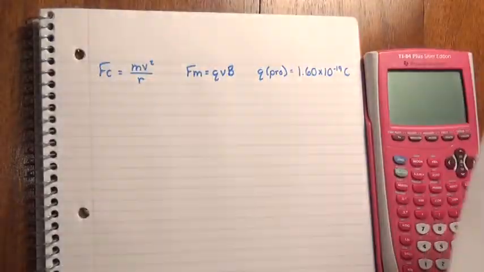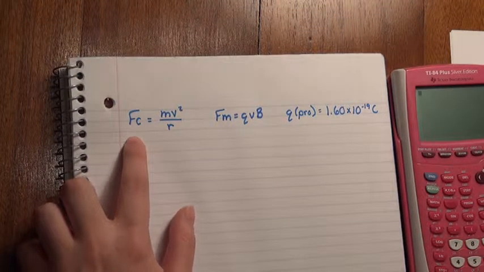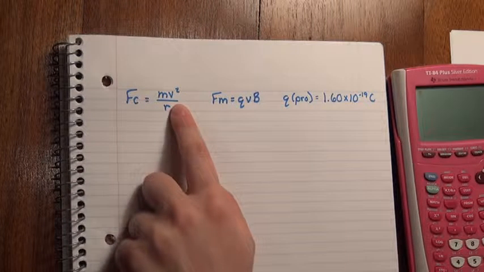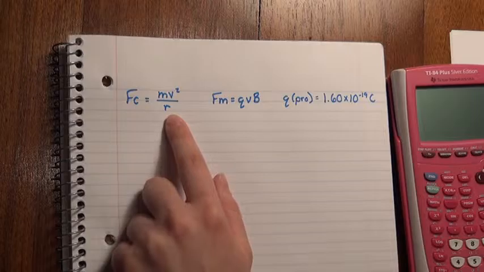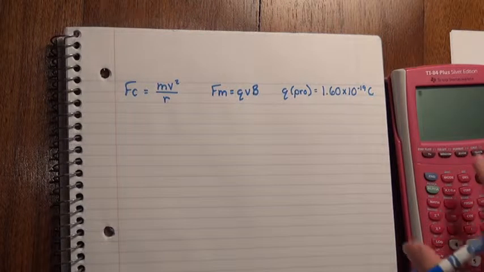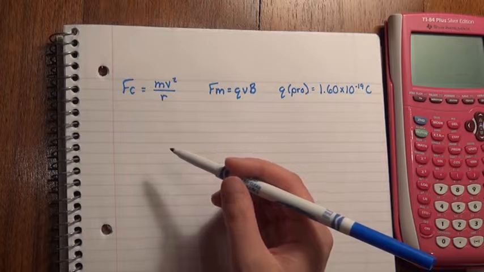Alright. So for this, first we need to establish centripetal force, which we know Fc is equal to m, the mass, times v, the velocity squared, all over r, the radius. And all of these things are given in the problem. And so it's a fairly simple thing to do to plug in all of our numbers.